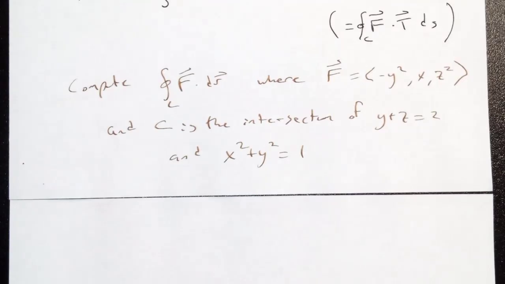What is this? This is gross. But let me think about this. My curve is the intersection of a cylinder and a plane, right?